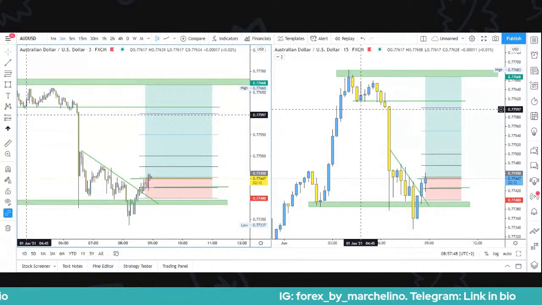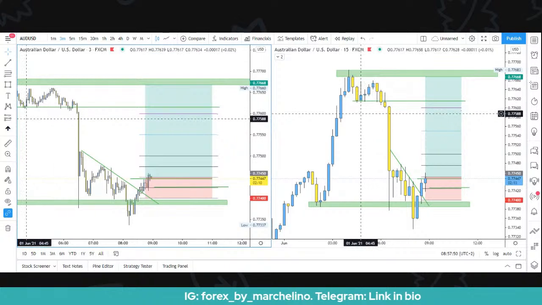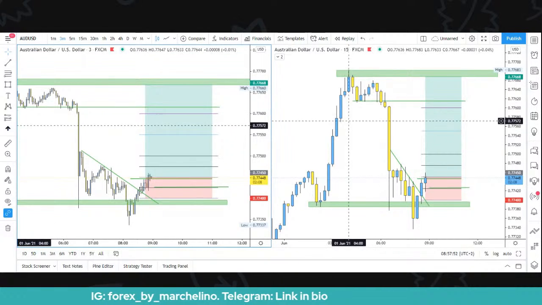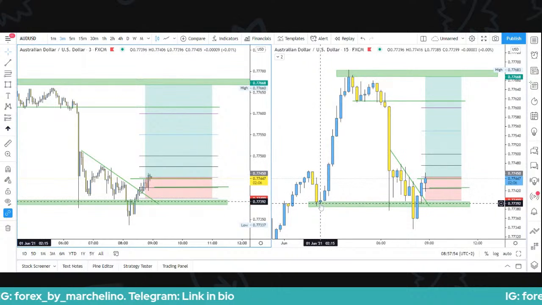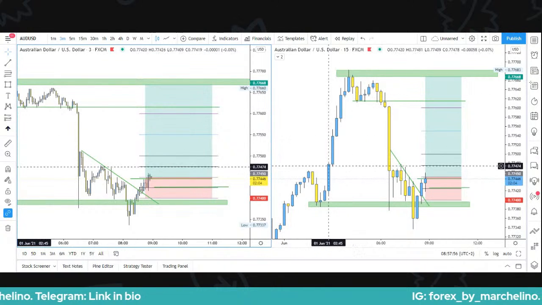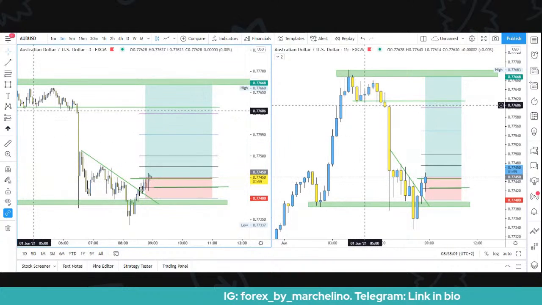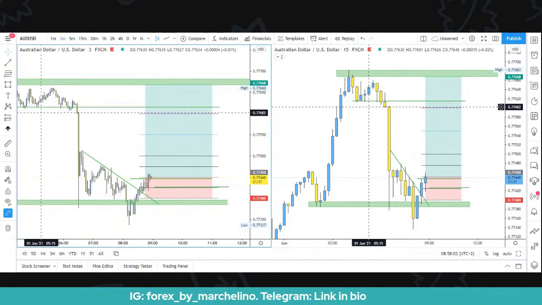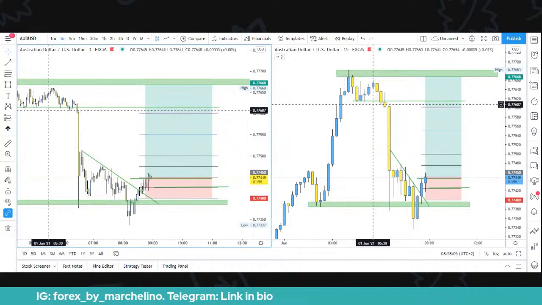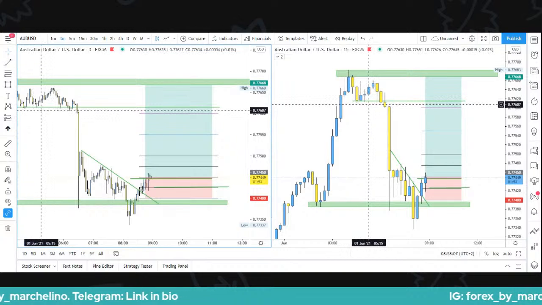Then you have these candles here. You can see, in comparison to all of this that just happened, and I'm assuming that this is Asia, that this is quite small.